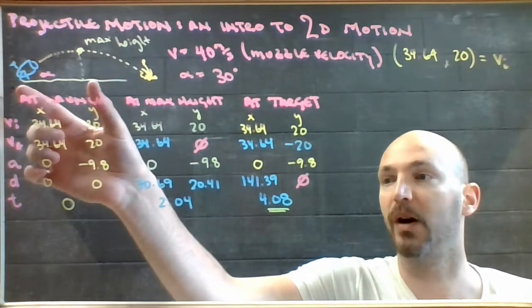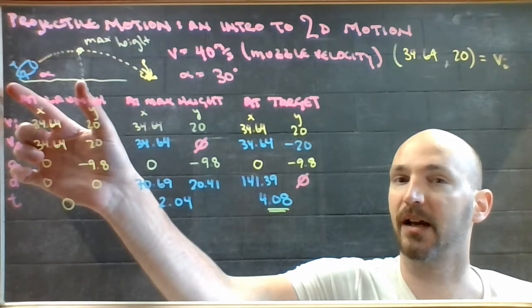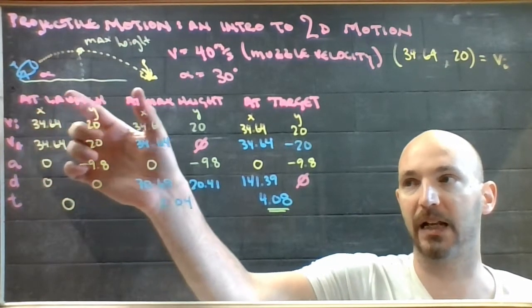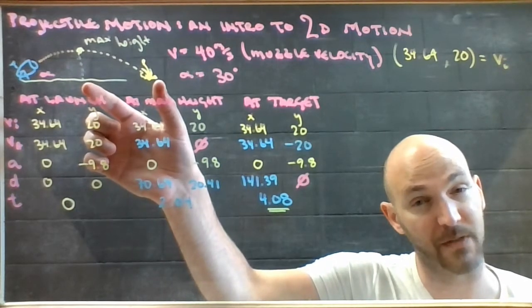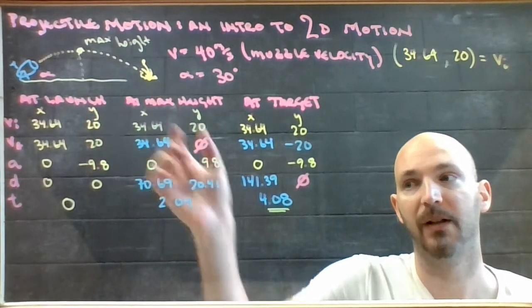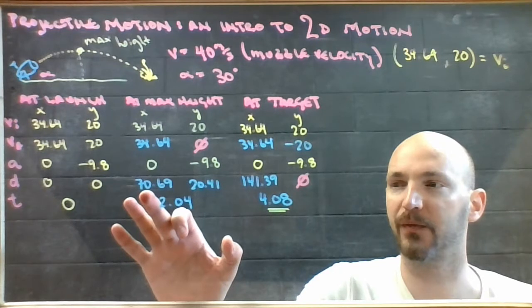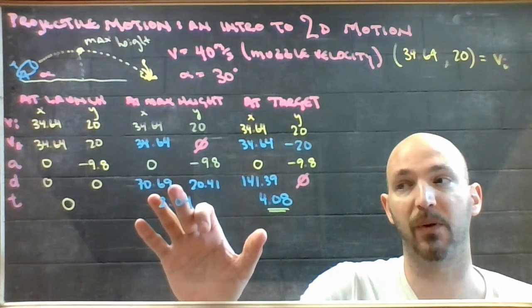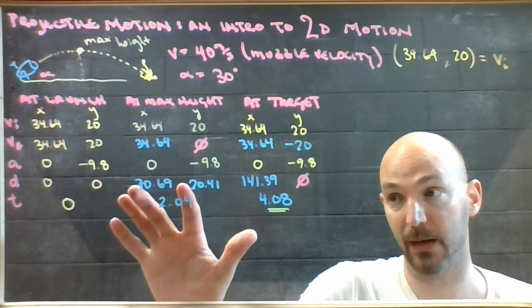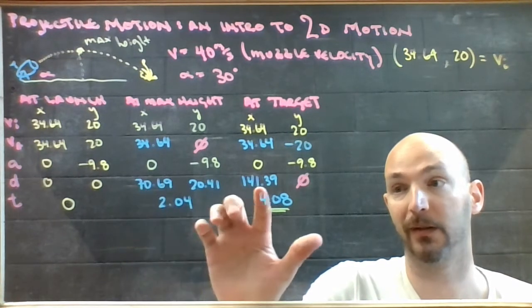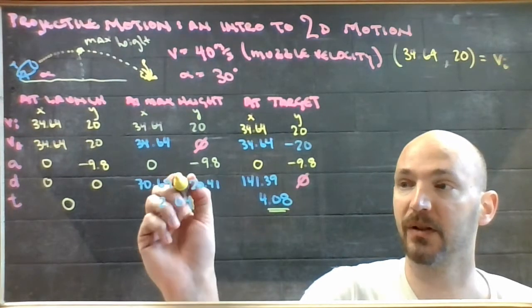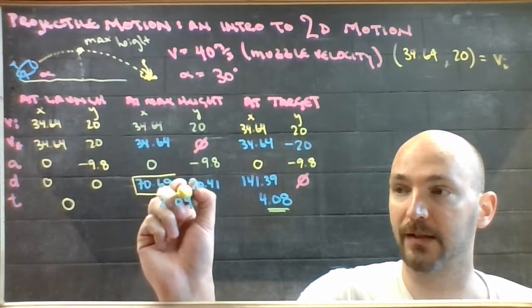So if it was 70.69 meters from here to here, it should be another 70.69 meters for the ball to hit the ground. That would be a total of 141.38 meters if you doubled this. And that's what we got. So that's encouraging. These 2 numbers are great for fact checking.